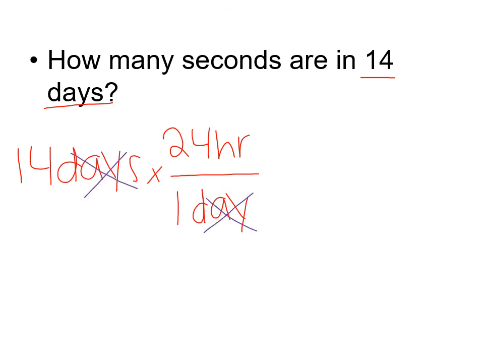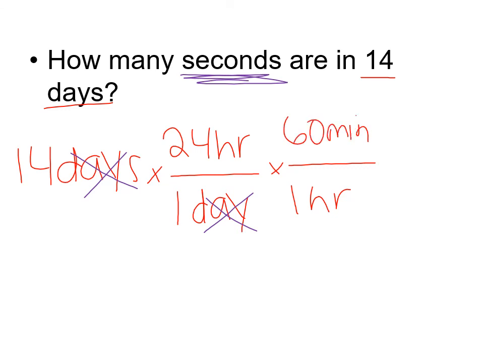I'm not at seconds yet, but getting there. Okay, now I have hour. Well, what do I know about an hour? 1 hour is 60 minutes. So now my hour unit is canceled out. Now I have minute. I want it to be seconds. So one more. 1 minute is 60 seconds.